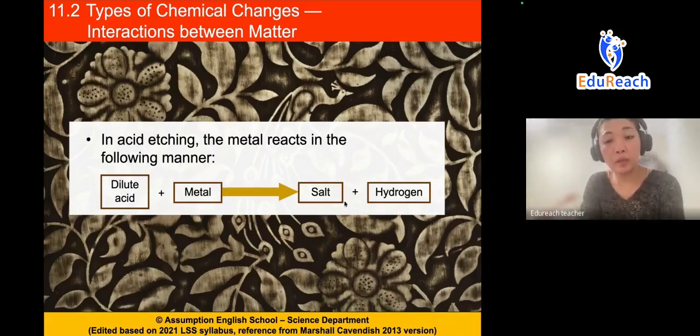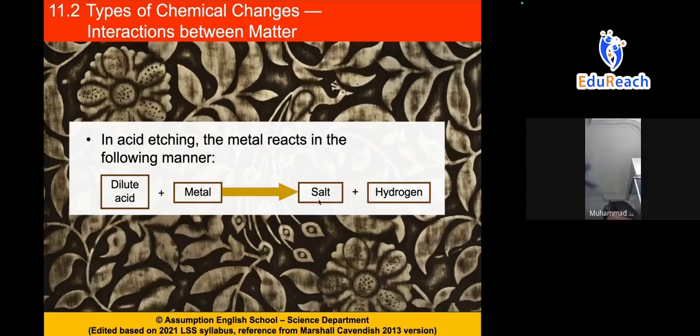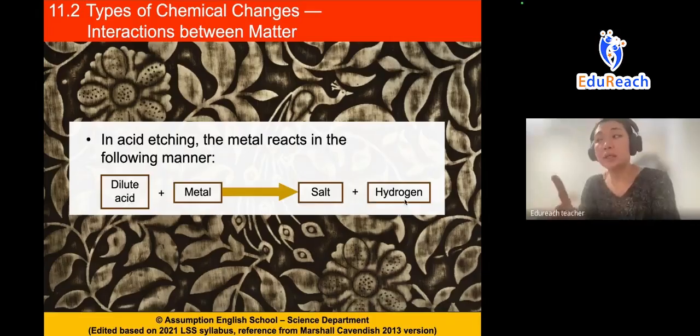What are the two products here? Abdullah, can you read out loud? Salt and hydrogen. Guys, this salt here, are they just talking about the table salt that we eat and use in cooking? No. Okay, so in chemistry, this is where you have to start to learn the terminologies.